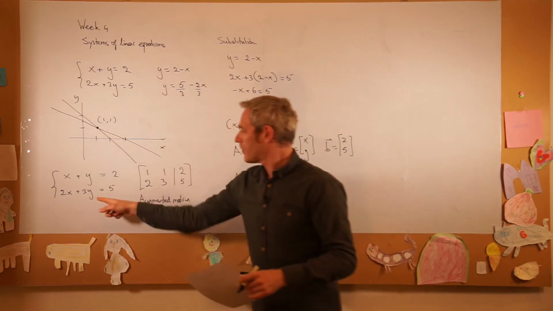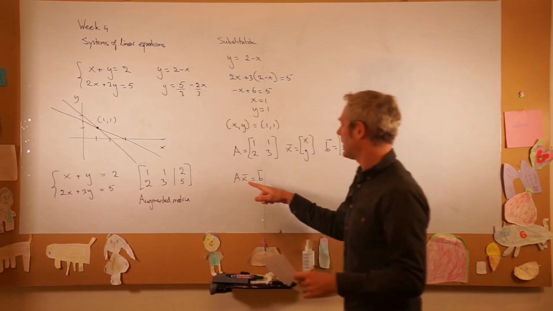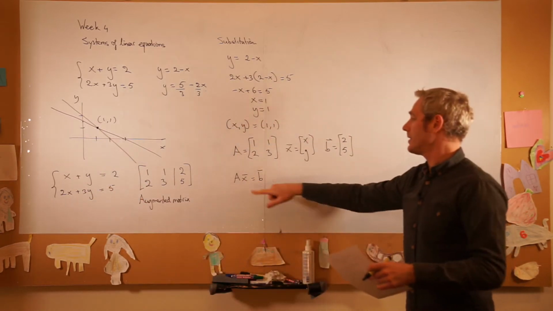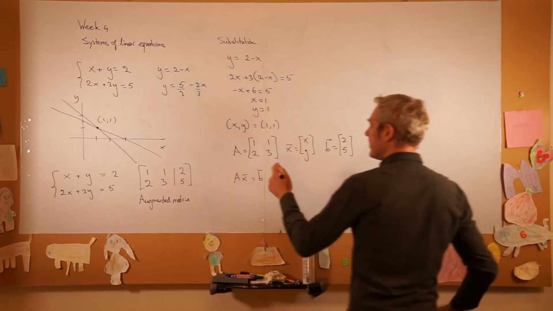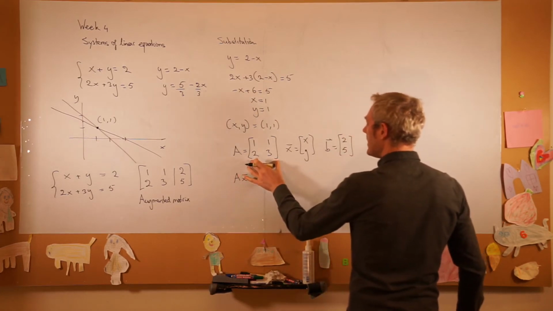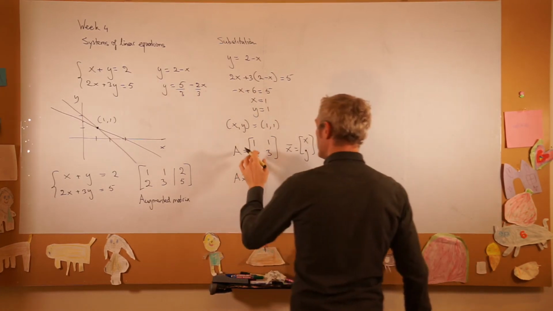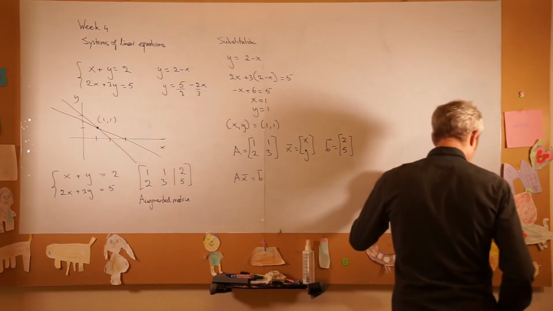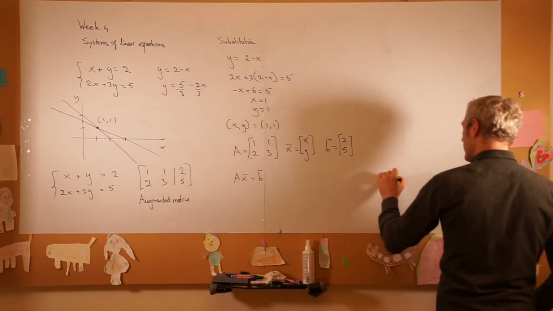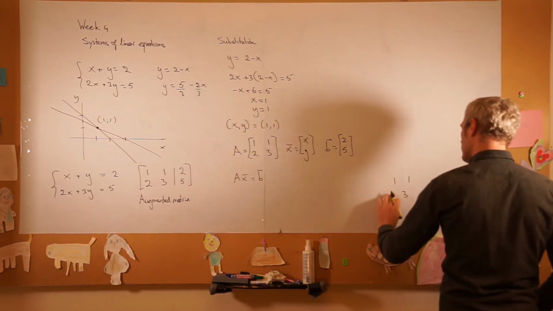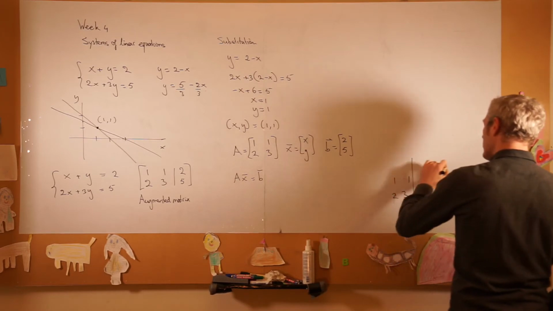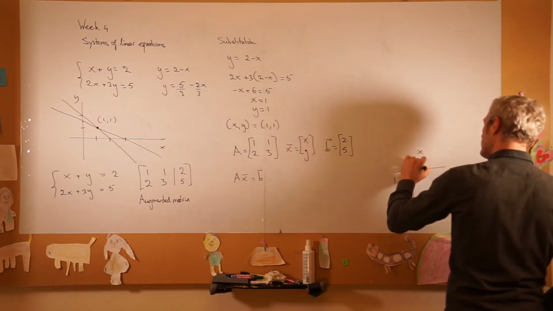So this system of equations can be written as a matrix equation, and we can see that it works because if I take A times this vector, I get, well, let's write it just in a corner here, 2, 3. So this is my way of writing out matrix multiplication.